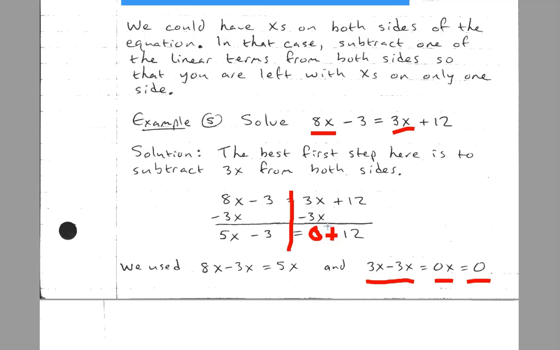Okay, so we're subtracting 3x from the right to cancel that term, and we're subtracting 3x from the left. 8x minus 3x is 5x. Alright, yes, so we're really doing some algebra here.